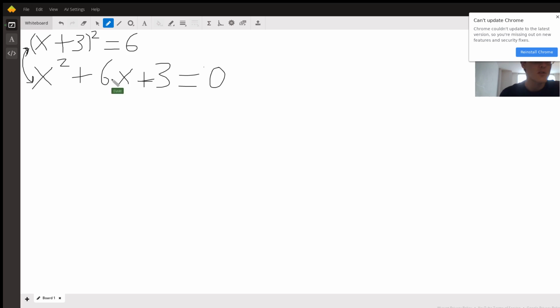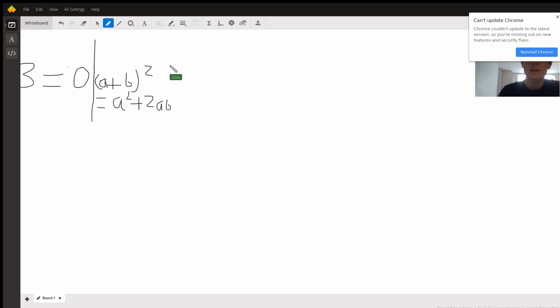To see that, we can FOIL out (x + 3)^2, or use the trick for squaring a binomial, if you remember that, which is that (a + b)^2 = a^2 + 2ab + b^2.